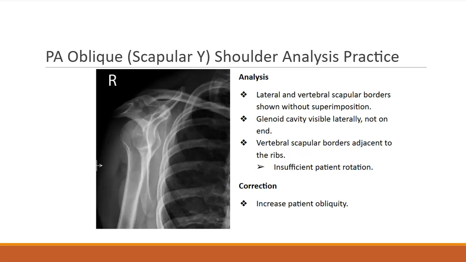In this case, the vertebral border is adjacent to the ribs, which should indicate to you that the patient is insufficiently rotated. In order to take corrective action, we need to increase patient obliquity.